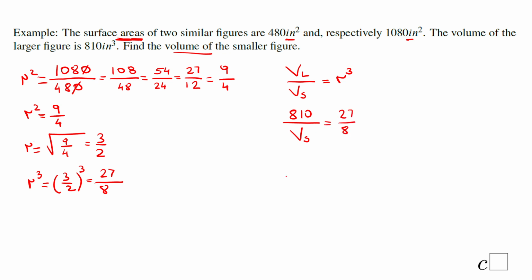Again, cross multiplication, we have 8 times 810 equals 27 times the volume of the small. Let me rewrite that S. And how do I get now the volume? I divide by 27.